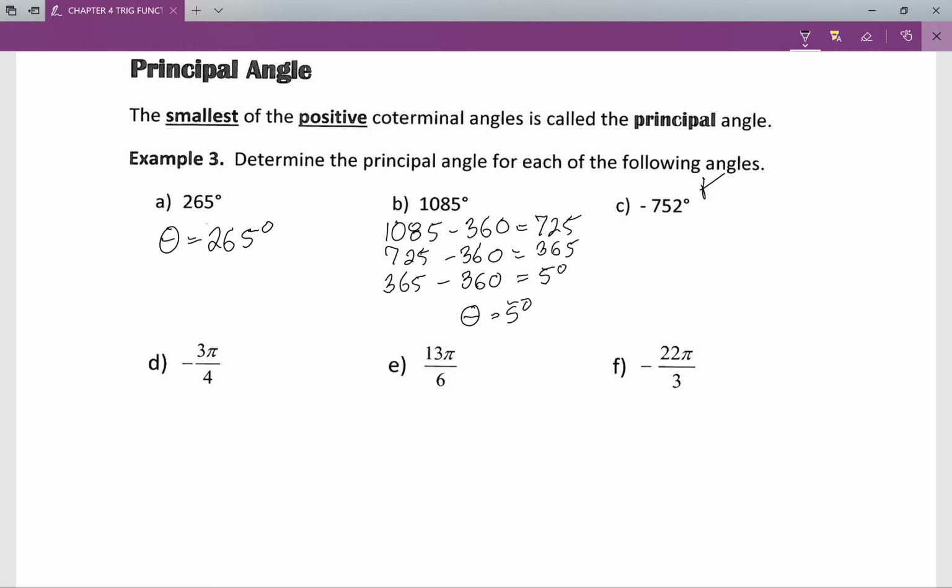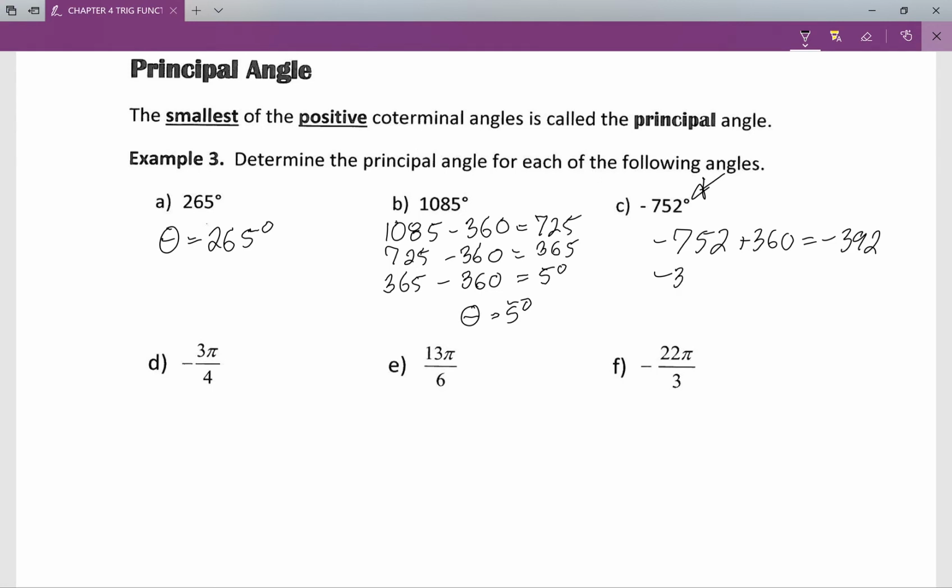Now right here, we have that negative 752, and we notice that's a negative number. So instead of subtracting 360, I'm going to have to continually add the 360. So I go negative 752 plus 360, and that gives me negative 392.